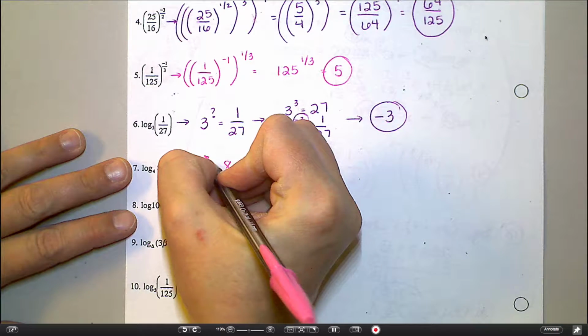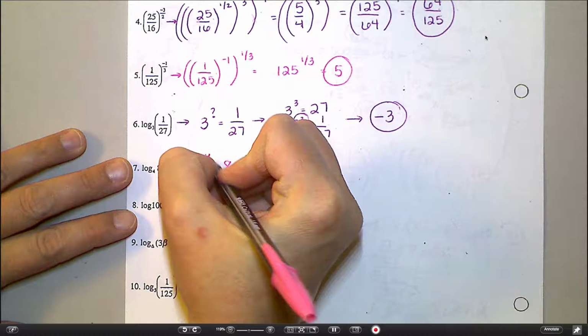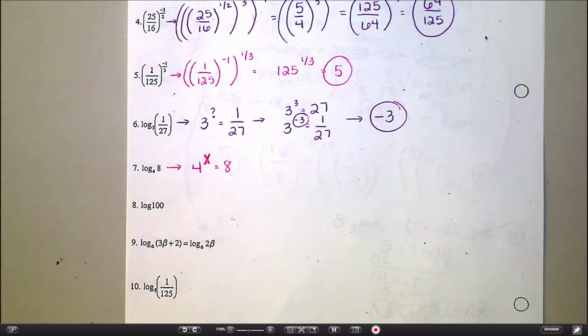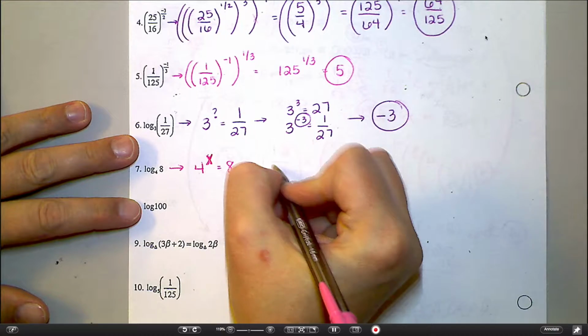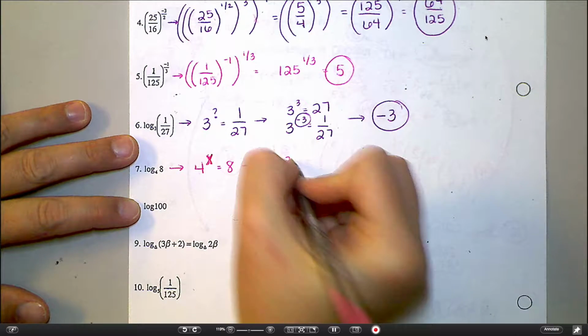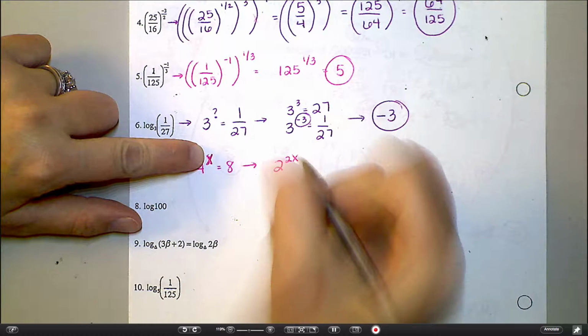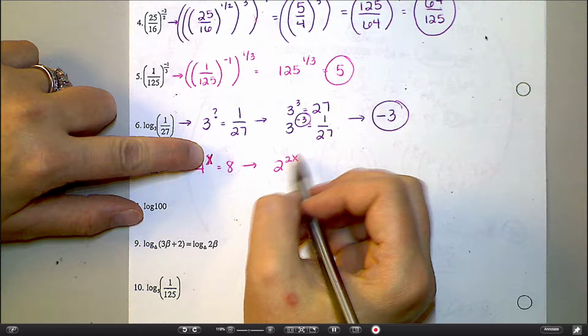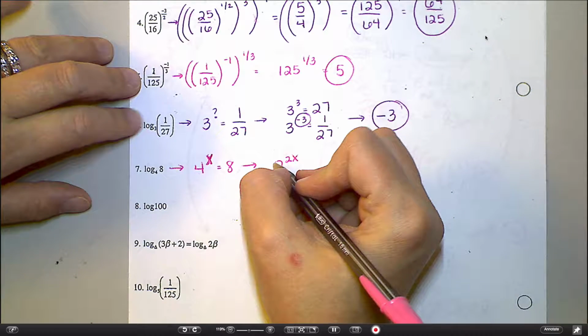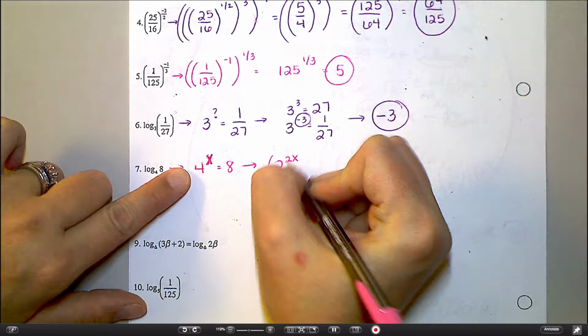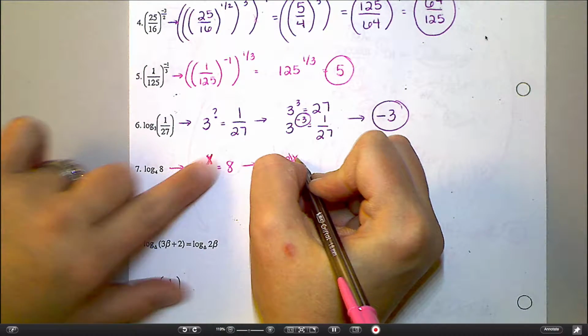I'm going to go ahead and use an x here on this one, just so I have an equation to work with. So if I write 4 as a power of 2, that's 2 squared, and then I'm going to put an x on it. Again, what I really did there was 4 is 2 squared, and then raised to the power of x.